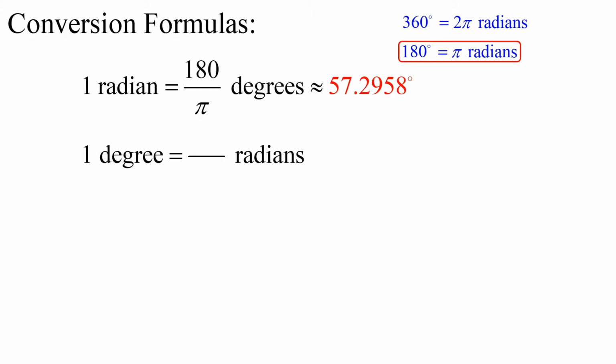All right? Now, 1 degree, well, we can go the other way here. 1 degree equals what fraction of radians here? Well, see this 180 degrees over pi, which equals 1, by the way. How about if we go pi over 180? There you go. And that would be 1 degree is pi over 180 radians. So let's punch that one out. Pi divided by 180.